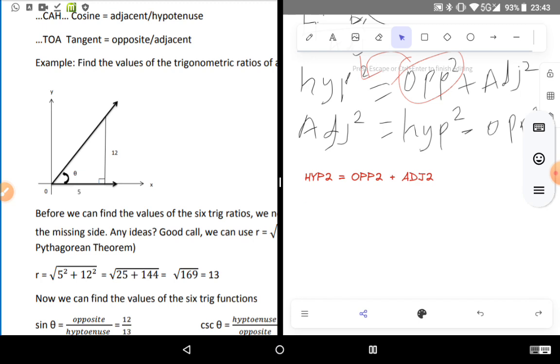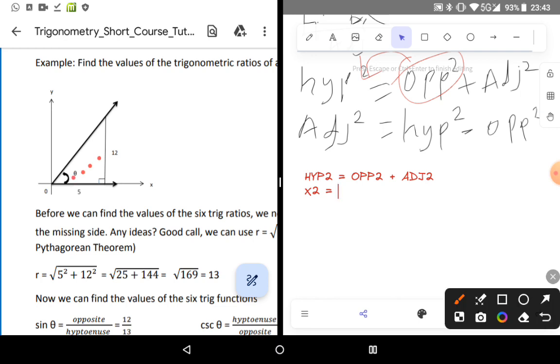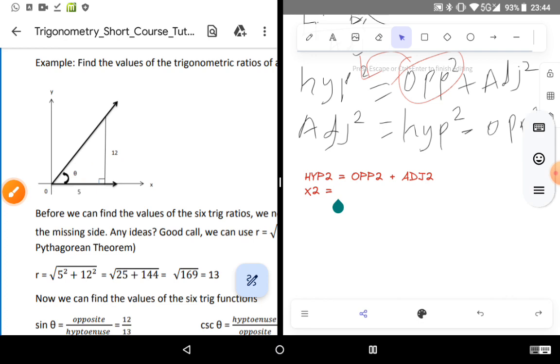So now, since we know the formula, hypotenuse we tag it as x because we don't know what it is yet. So we say x square is equal to the opposite. We already know the opposite because this is the opposite facing the angle that we are actually looking for. So we say the opposite is equal to 12.